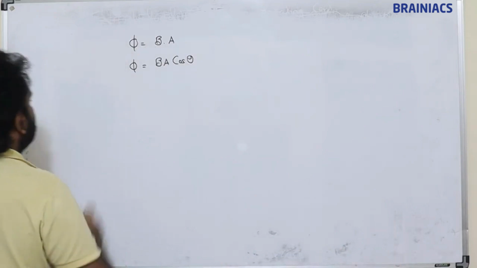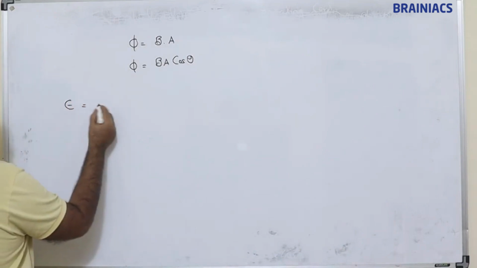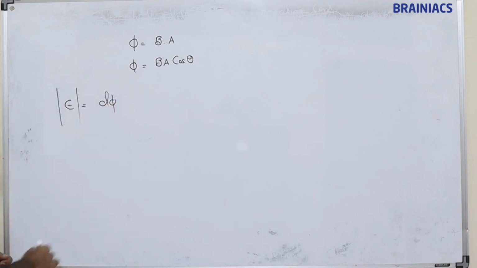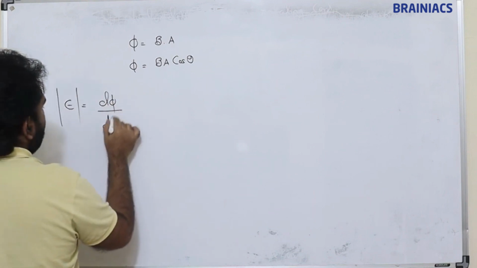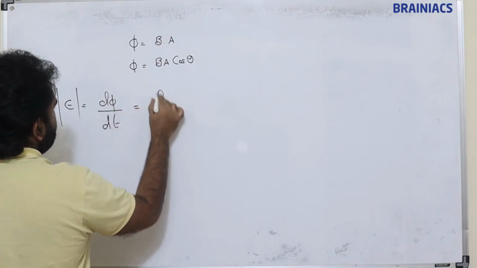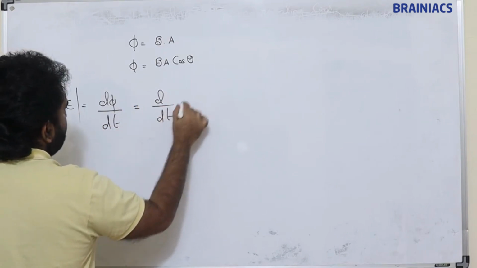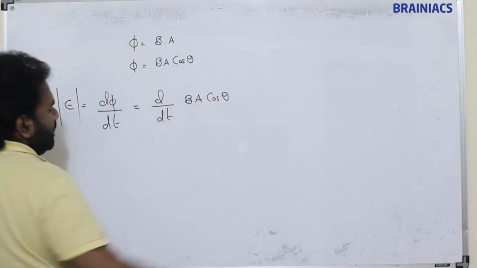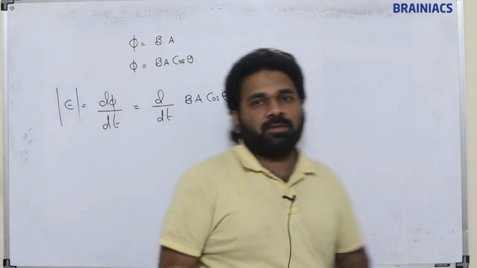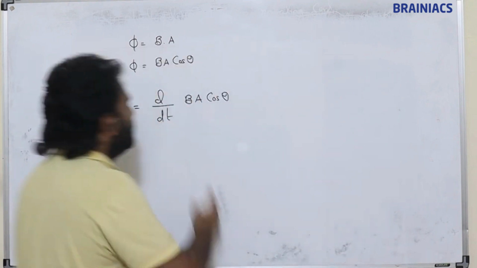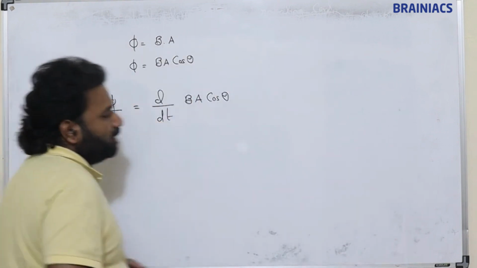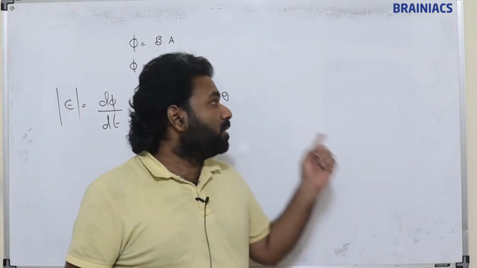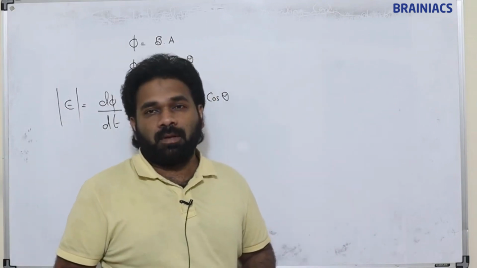So E, or I could say the magnitude of induced EMF, is d by dt of BA cos theta. So if I could change this magnetic field, then also induced EMF will come.